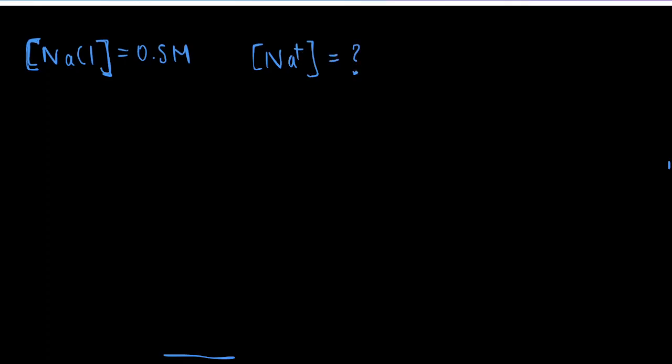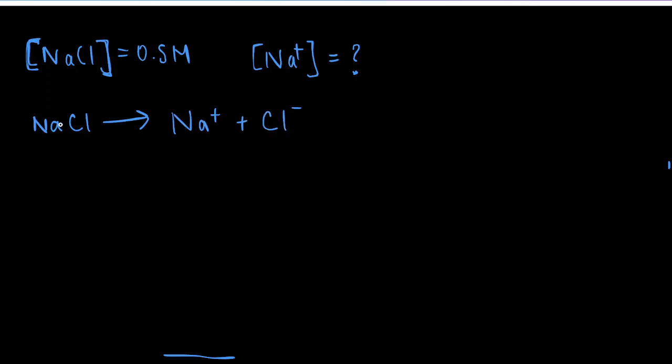So how do we do this? Well, sodium chloride is an ionic compound, and you should know that compounds like this, like NaCl, in solution will dissociate into ions. So this will dissociate into Na+ and Cl-.